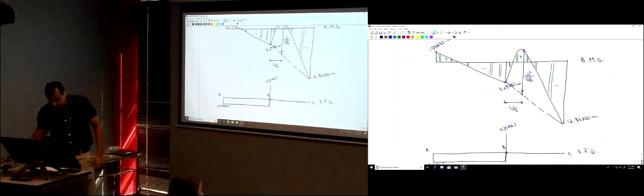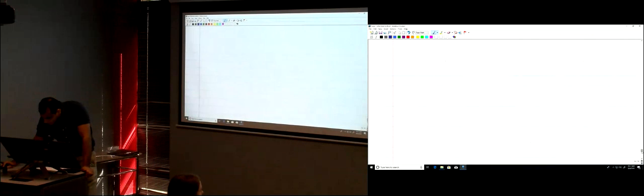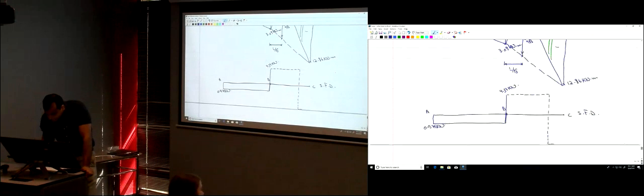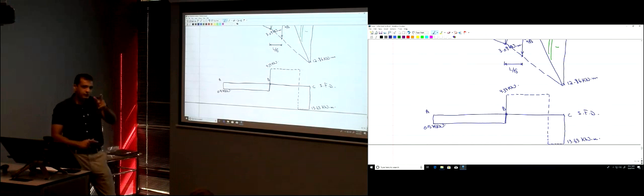So I'm going to go 18 down. This is a dotted line. And then I'm going to go down 18, so that's negative 13.63. And then here you have the 13.63 kilonewtons.